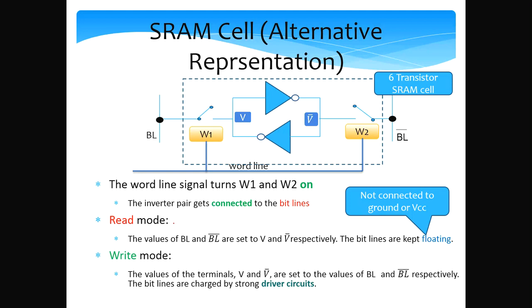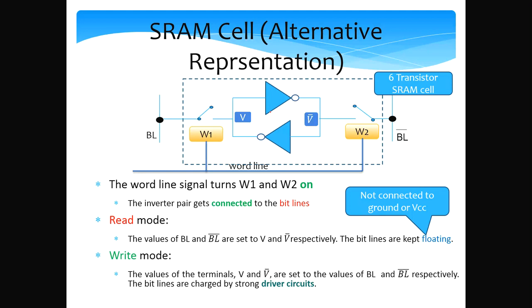An alternative representation of an SRAM cell looks something like this, where we have a pair of inverters and the voltage at one side is V and the voltage at the other side is the complement of V. Then the word line transistors can be treated as switches, and this entire 6 transistor cell is called an SRAM cell, a static RAM cell. We'll see why when we discuss dynamic RAMs.